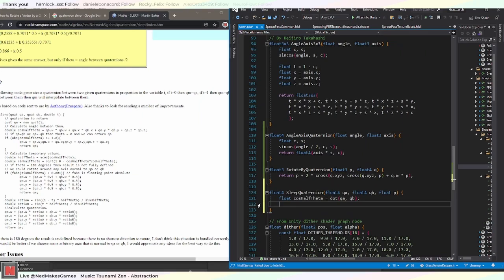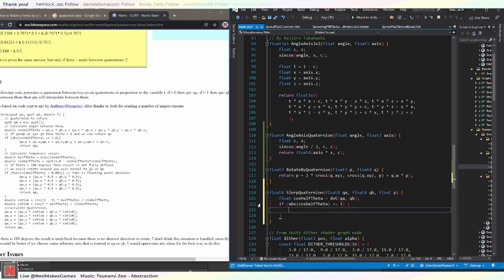All right, and then if the dot product is greater than or equal to 1, that means that they're parallel. So we can just return either of them.